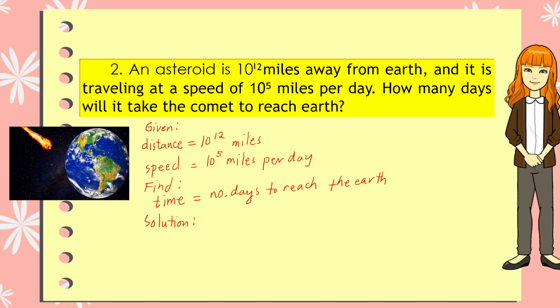Using the formula of speed is equal to the distance per unit of time, deriving the formula because time is unknown, so we will have distance over speed.